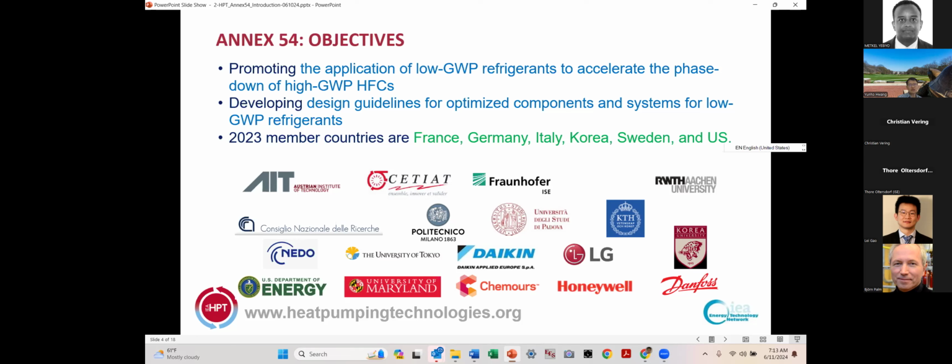Our member countries are France, Germany, Italy, Korea, Sweden, US, Austria, and Japan. With 8 countries involved, as you can see below, there are organizations from universities, national labs, and industrial partners, all working together for Annex 54.